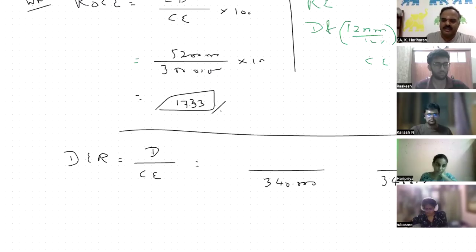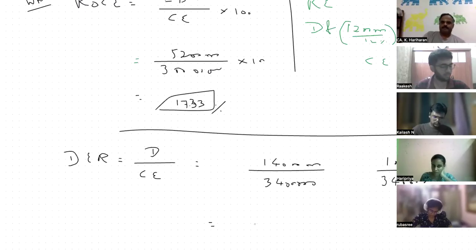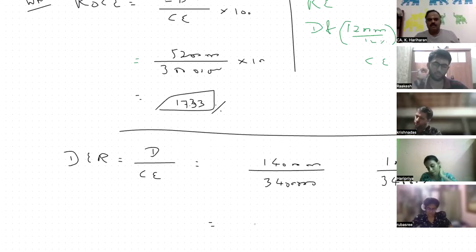So the debt equity ratio for the first one, in percentage as mentioned in this question, is 41.17%. And the second one is 29.41%.